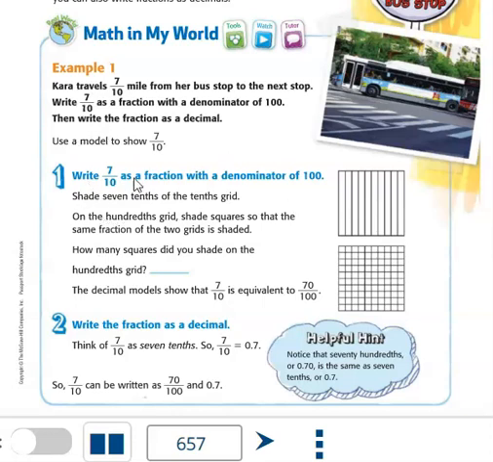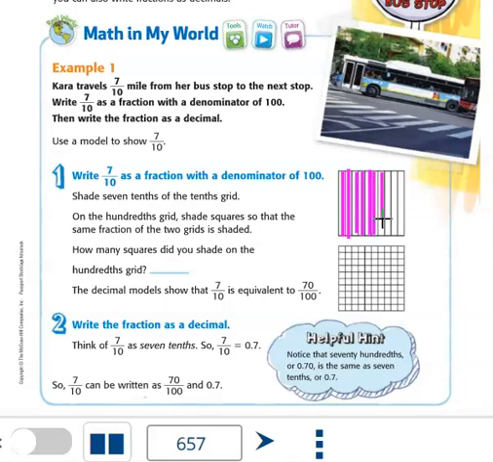So first, we're going to write 7/10 as a fraction with a denominator of 100. I can model it using the grids that they've given and my drawing. So if I were to model 7/10, 1, 2, 3, 4, 5, 6, 7.